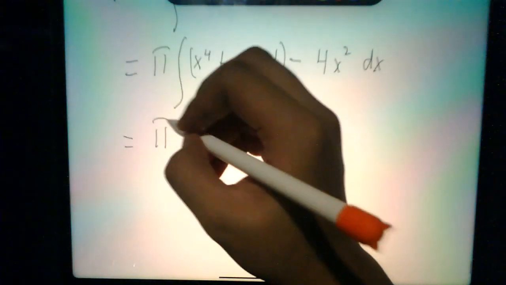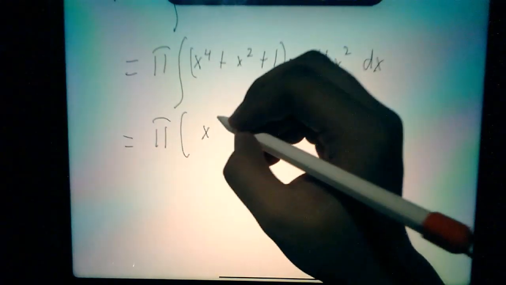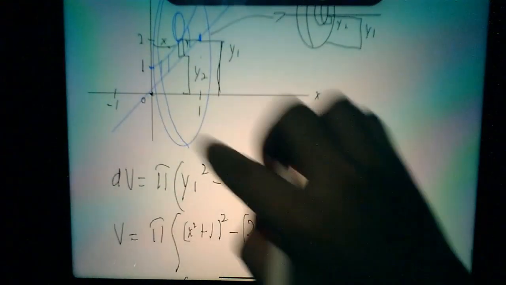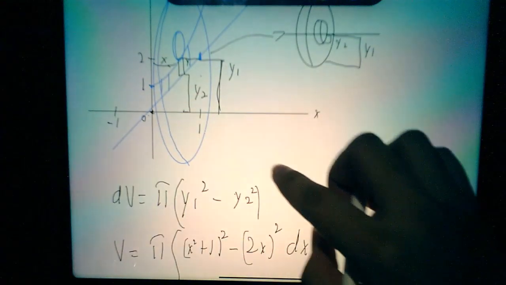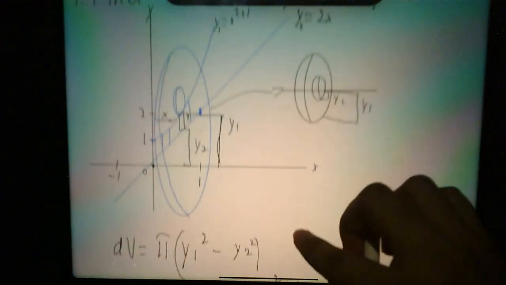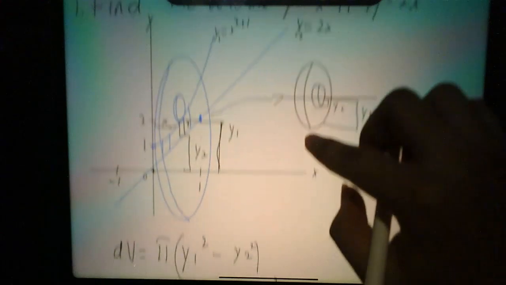So pi times x to the 4 is just x to the 5 over 5. Oh, we forgot the limits here. Our limits are 0 to 2.